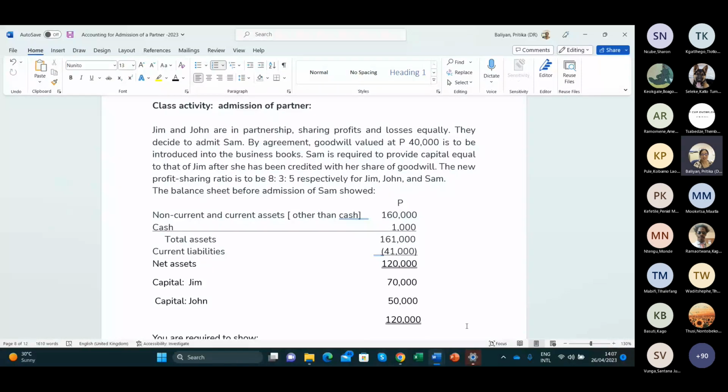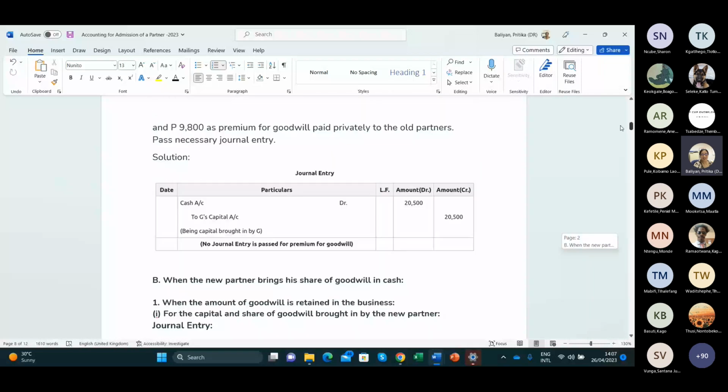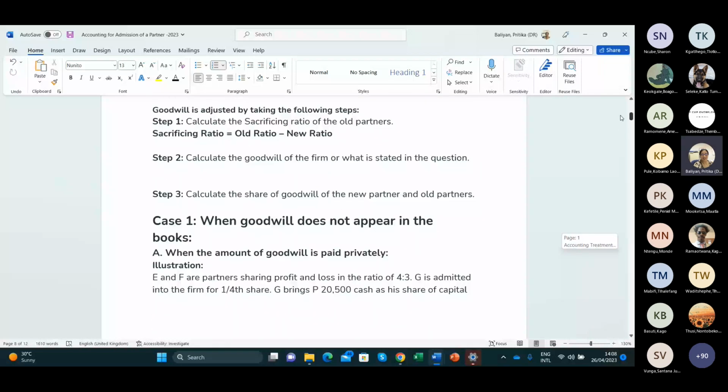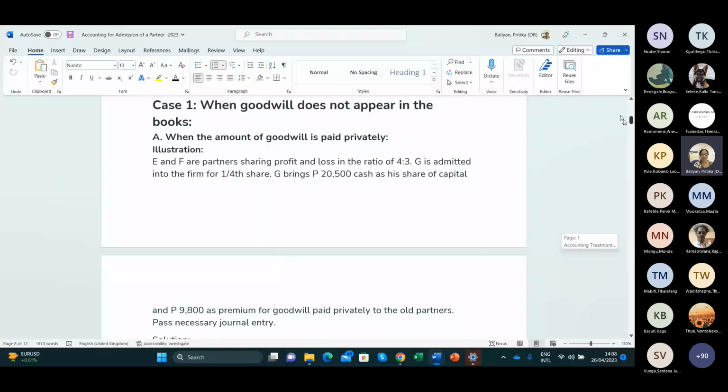So in that situation, we only record the capital in the books of account. Like here, if the partners agree to pay the goodwill privately only to the old partners, they are giving it to the partners, not to the partnership.